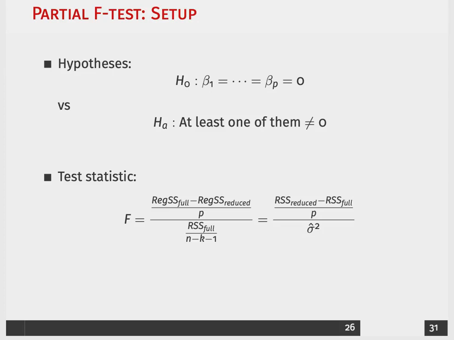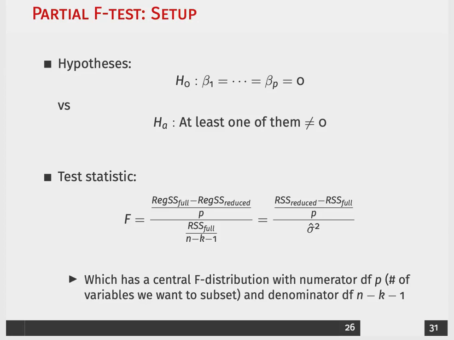Now we can rewrite this expression as the residual sum of squares from the reduced model minus the residual sum of squares from the full, over the number of covariates in the subset that we're interested in, over our estimate of sigma squared.